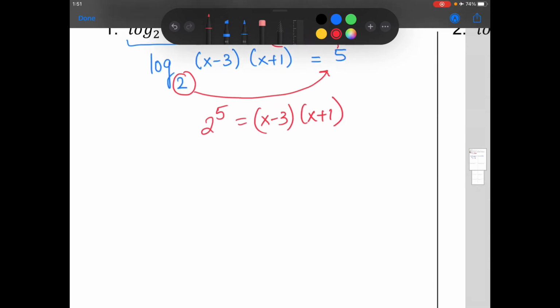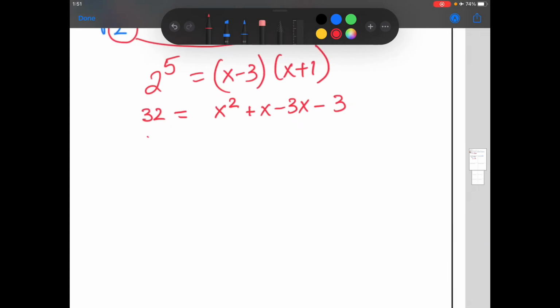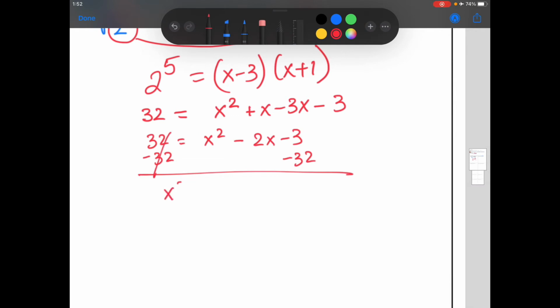So now 2 to the 5th is 32. And if I double distribute it, I get x squared plus x minus 3x minus 3, which would simplify to x squared minus 2x minus 3. So now it's a quadratic. How do I solve quadratics? By setting them equal to 0. So I'm going to subtract 32 on both sides, and I get x squared minus 2x minus 35 equal to 0.